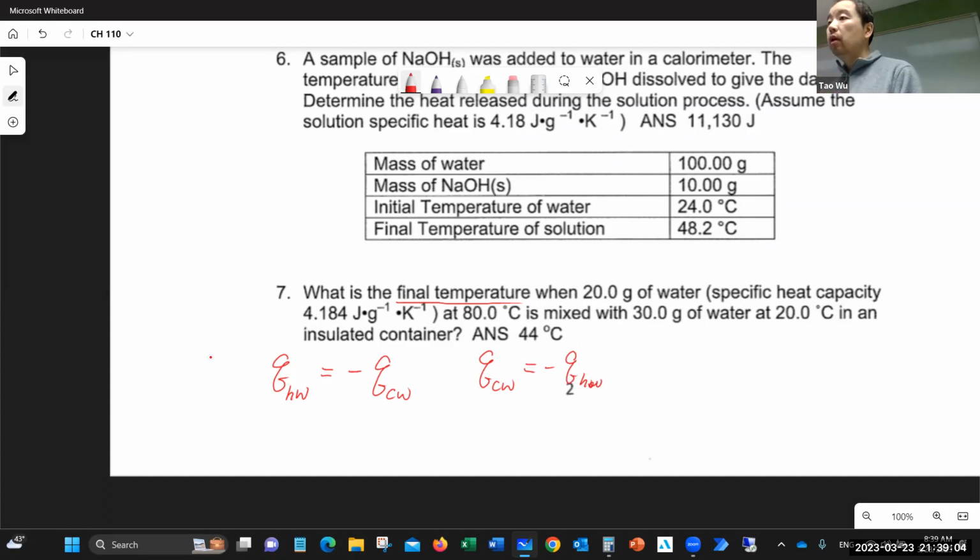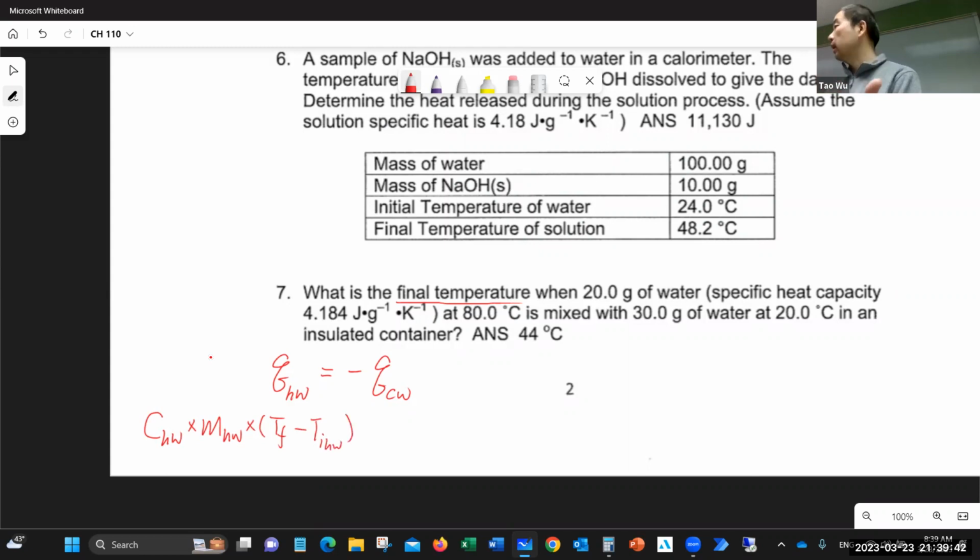So this is the equation, and then you can extend it by using Q equals C times M times delta T, final temperature minus initial. On the left side is hot water: the specific heat of the hot water, multiplied by the mass of the hot water, multiplied by the final temperature, which for hot water and cold water should be the same, subtract the initial temperature of the hot water.